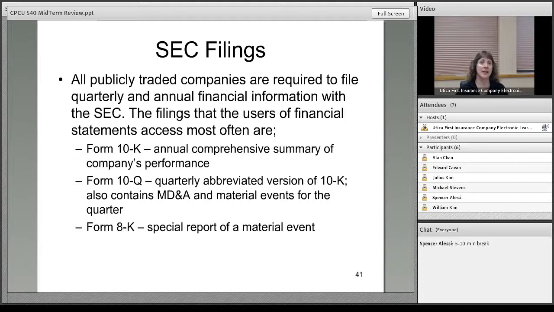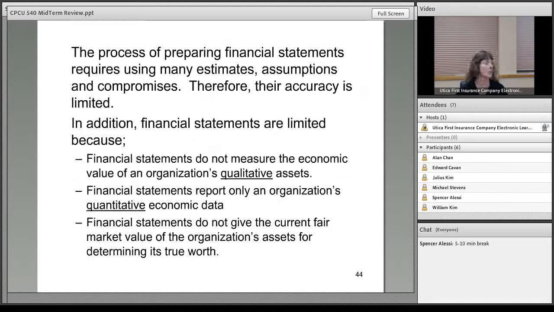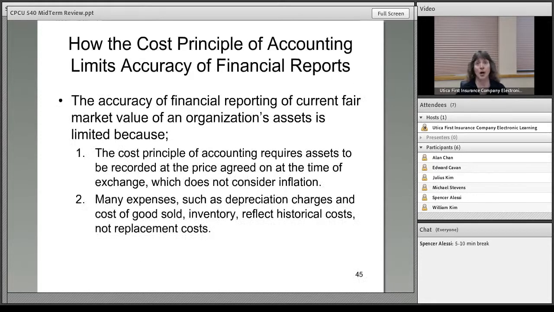Financial statements do not give the current fair market value of the organization's assets, so you really don't get a true feeling of the net worth of a company. The cost principle of accounting also limits the accuracy of financial statements, because the cost principle requires assets to be recorded at the price agreed on at the time of exchange.